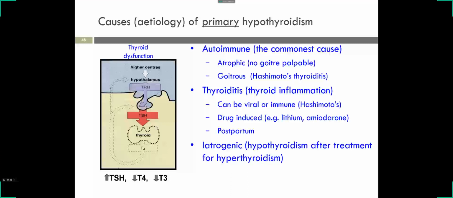And then in some cases, in a very few cases, postpartum. In some cases where a patient has been treated for hyperthyroidism, you can get an iatrogenic response, where after the treatment you become hypothyroid. So you're treating someone for hyperthyroidism and they become hypo because their body's responding.